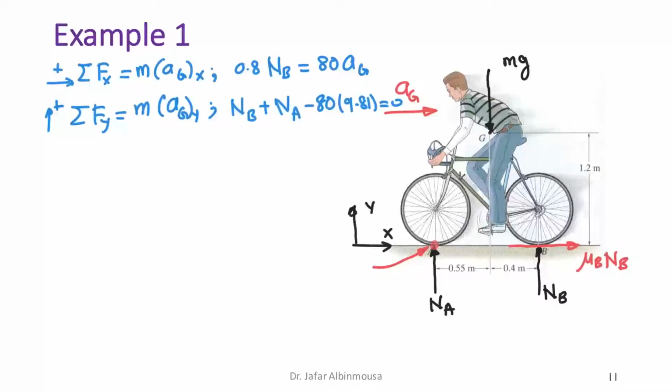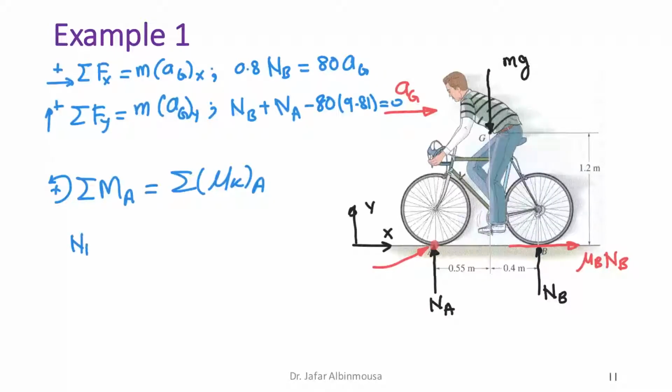As I described before, we will take the counterclockwise as positive, and then we will sum up the moment about A, and say that this is equal to the sum of all kinetic moments about A. Now, we have here this force, N_B, at a distance 0.95, causing a counterclockwise rotation, and we have mg causing a clockwise rotation, and it is at a distance of 0.55.